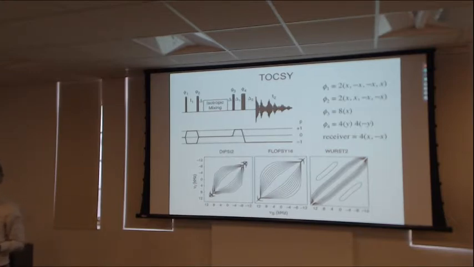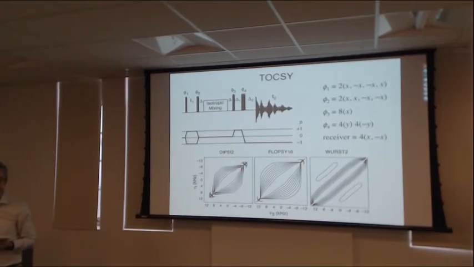So we haven't talked about decoupling yet, but decoupling sequences were developed in order to collapse the J coupling, say between carbon and hydrogen. So if you're recording the hydrogen spectrum and you have carbon-13s and nitrogen-15s in the molecule, one gets doublets, and spectroscopists wanted to collapse those doublets into singlets in order to improve resolution.